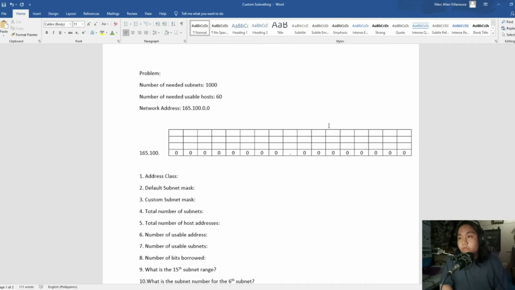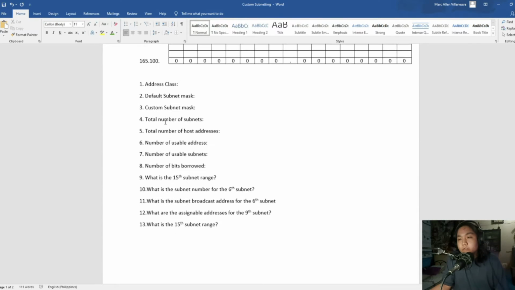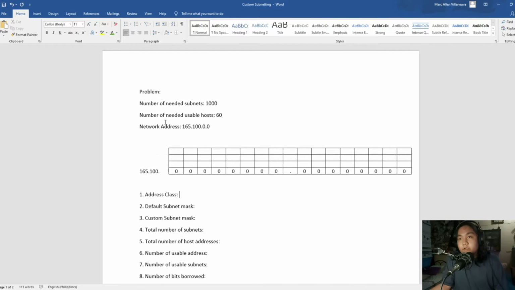So, hello everyone. Today I'm going to teach you how to answer or do custom subnetting and the subnetting process. Here we have a problem and also a given. As you can see, the number of needed subnets given is 1000 and the number of needed usable hosts is 60.